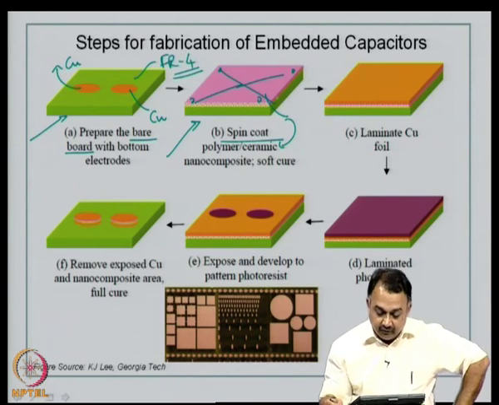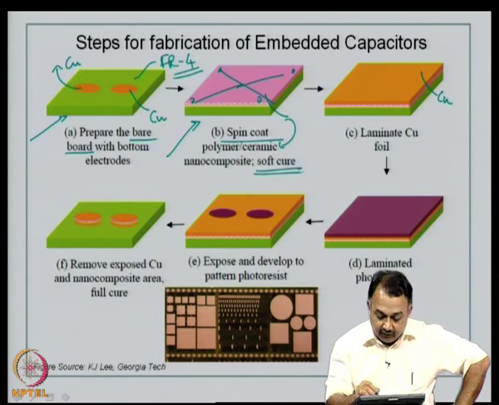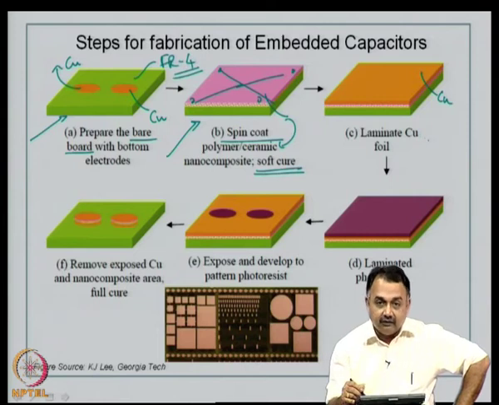Now, typically spin coating by setting the properties of the spin coating equipment, you can get very even thicknesses across the board. Then you can laminate a copper foil after this is soft cured. Now, you cannot do a full cure because you need to laminate a copper foil. So, you can work with temperatures and pressures that are suitable for this kind of system, and then use a copper foil. The thickness again is determined based on your design.